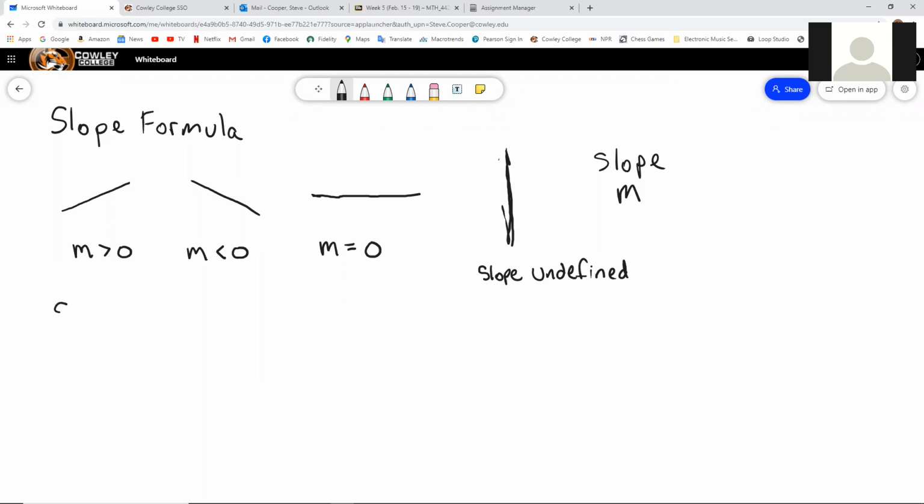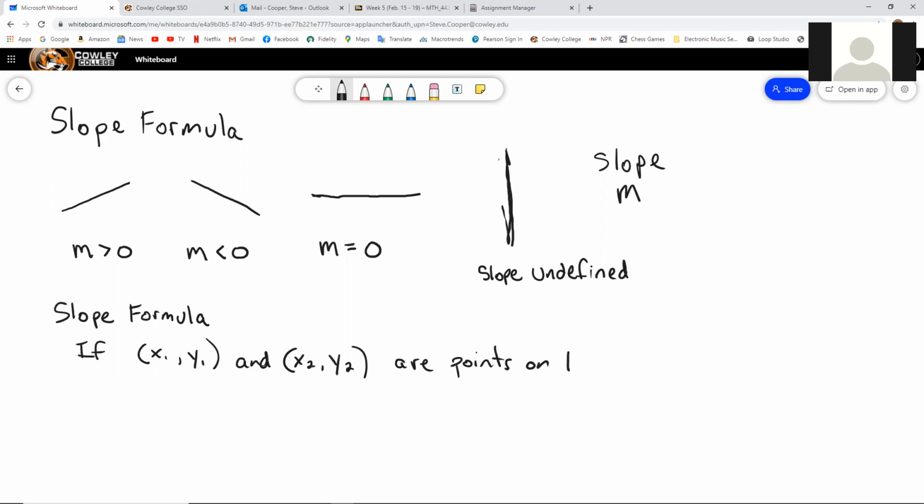We're going to say that if x1, y1, and x2, y2, okay, so if I can identify these 2 points on the line, and x1 is not equal to x2.